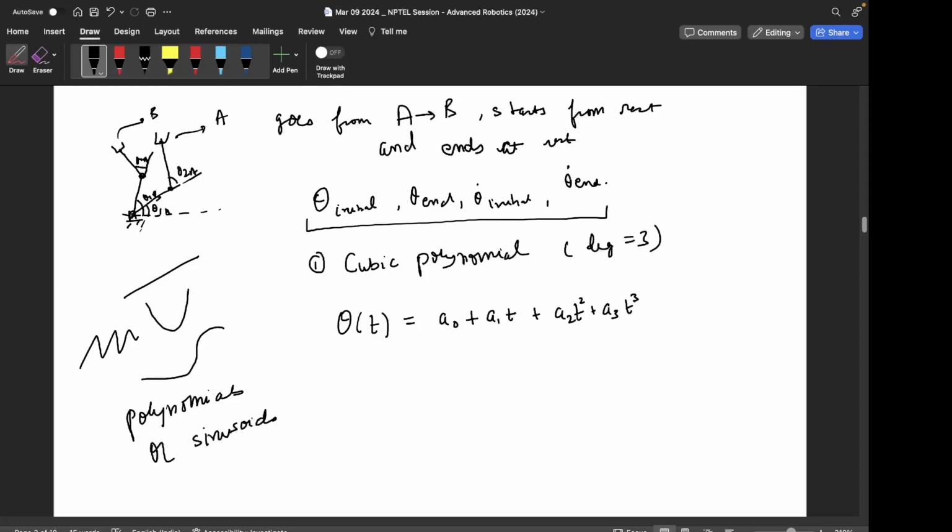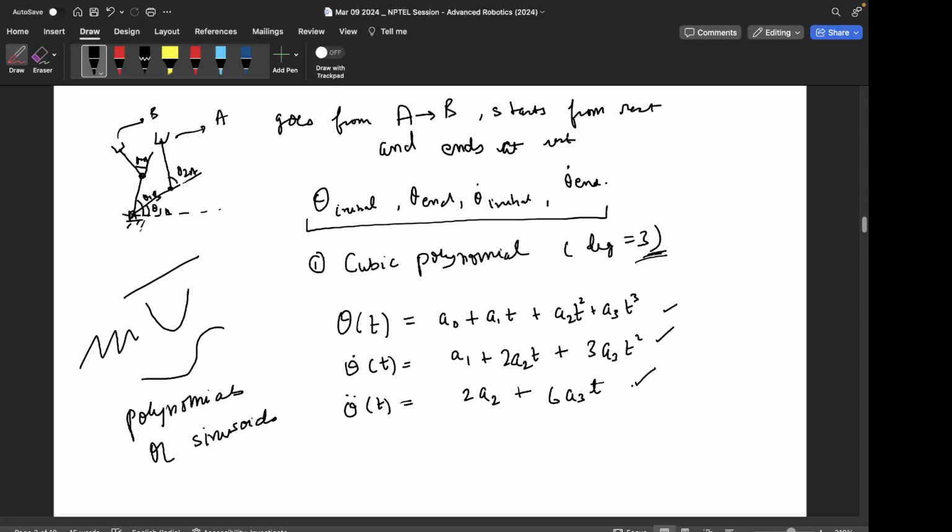If you take the derivative with respect to time, it will come out to be a1 plus 2a2t plus 3a3 t square. And if you take the derivative again for the acceleration, it will come out to be 2a2 plus 6a3t.